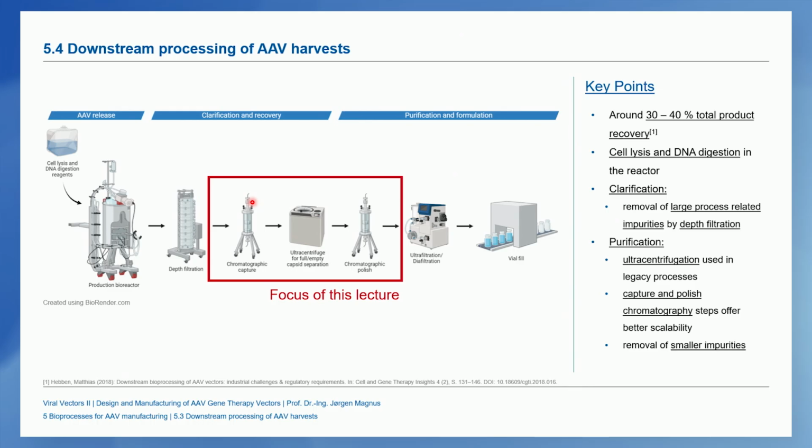There's also a lot of effort to develop ion exchange chromatography for separating full and empty capsids, and some companies are moving in that direction already, but the classical and the most established way of doing it is the ultracentrifuge. And after that, you exchange the buffer to get the buffer that is needed in the final formulation, and then you can fill your vials and send it to the hospital.